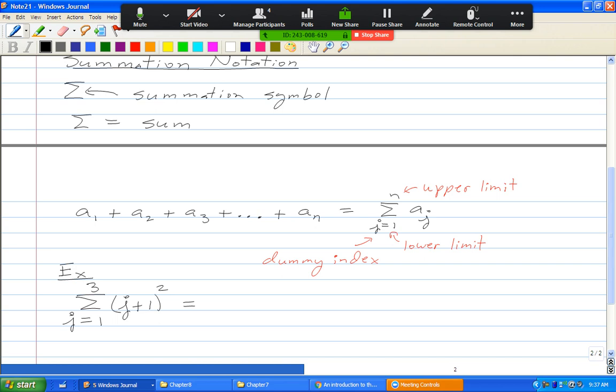Then this indicates the following sum. Replace j by 1, j by 2, j by 3. And that is the sum that it indicates.